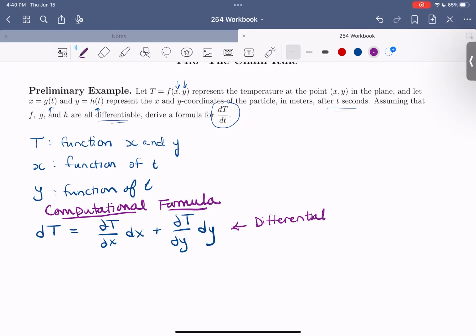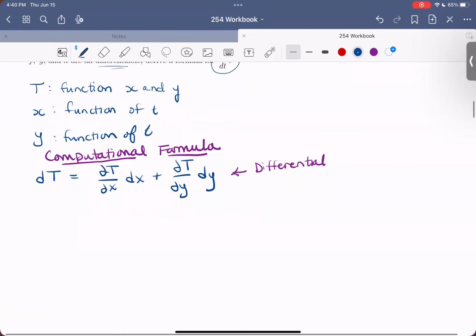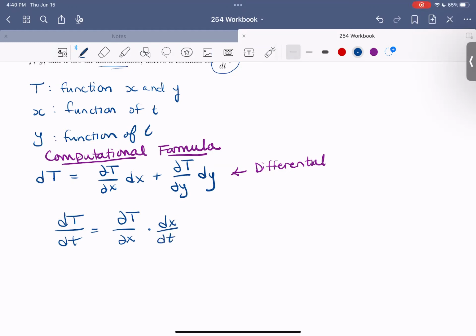Okay, but now we're wanting to compute the derivative with respect to t, little t, time, of the temperature. For that, the formula looks slightly different. Here, the derivative of T with respect to time is going to be the partial of T with respect to x times the derivative of x with respect to t.